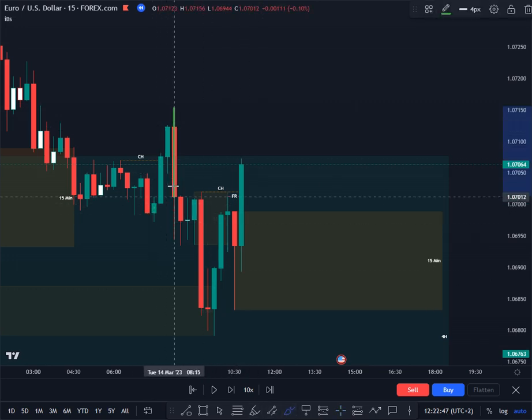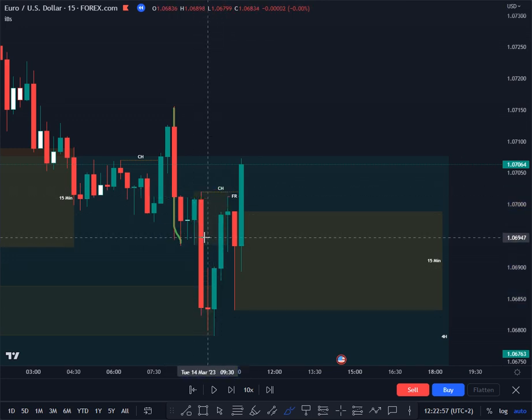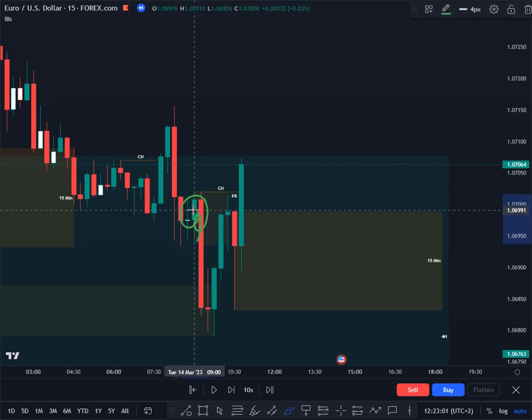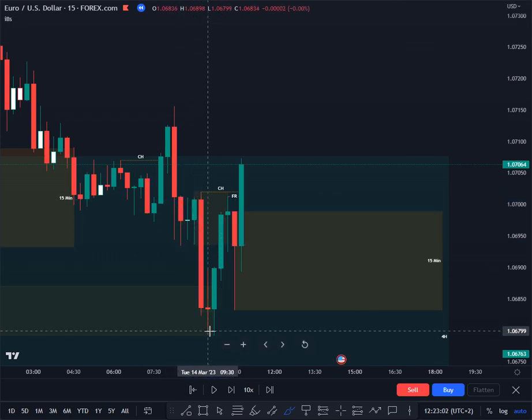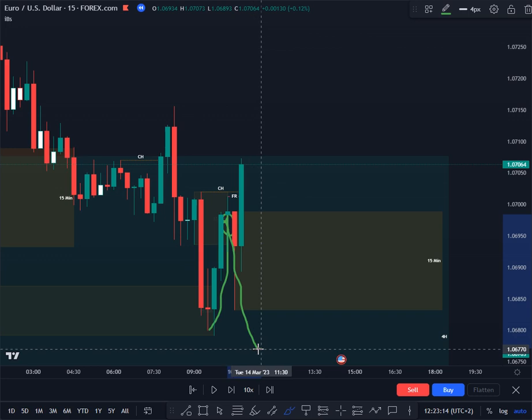Alright, we saw the M15 come down and break the lows, right? Now, every time it pulls back and breaks another low, it creates a supply zone, which is this candle over here, right? According to order flow, we expect price to come into the supply zone, grab some orders, and go down to create a lower low.